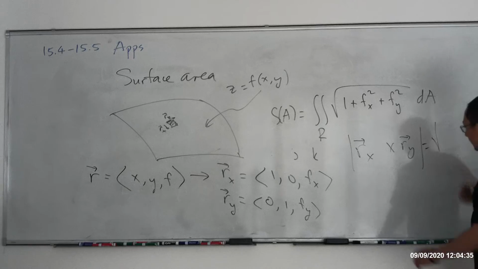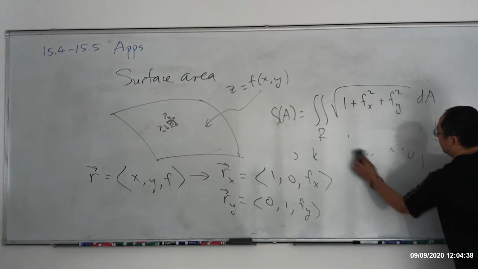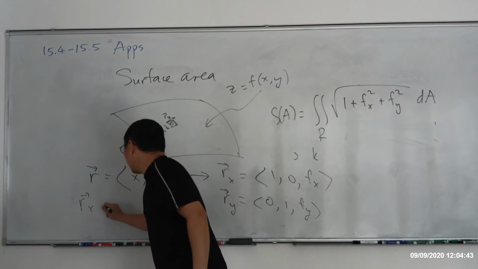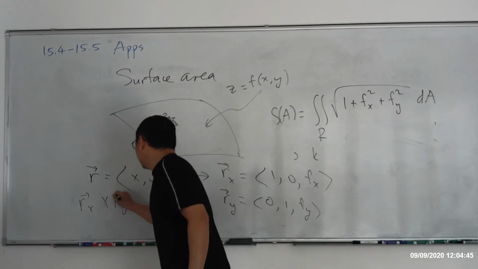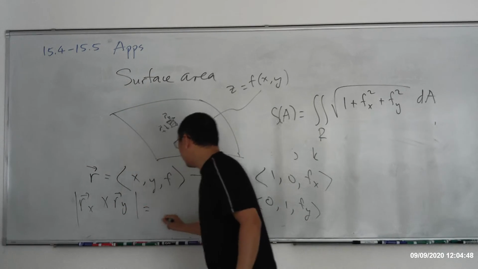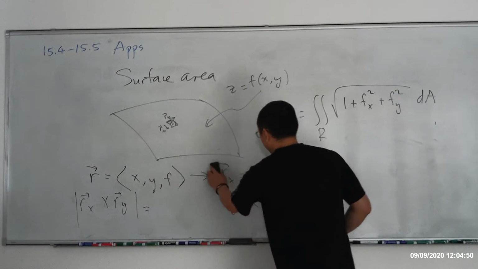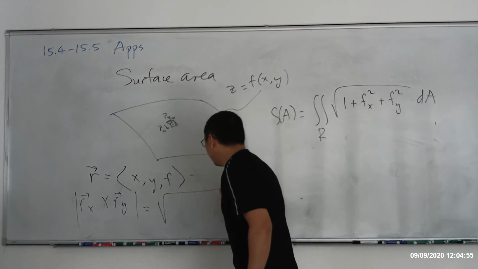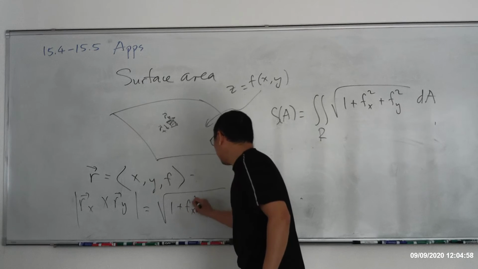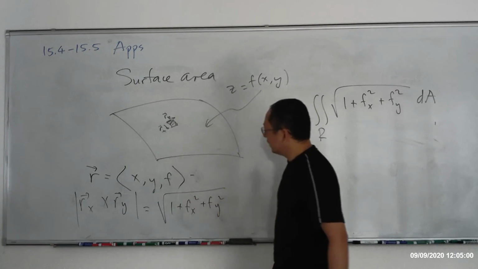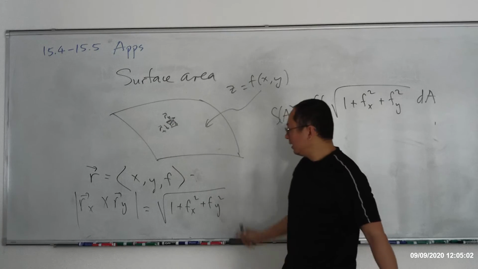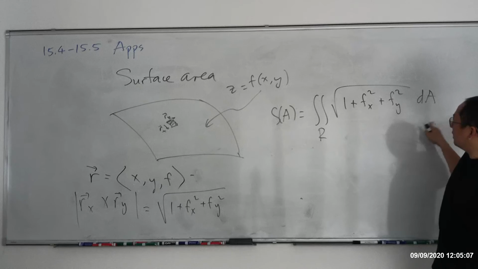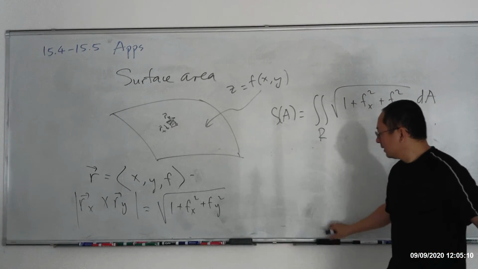Rx cross Ry, the cross product, and then we find the magnitude is going to be the square root of 1 plus fx squared plus fy squared. Okay? And this is the area of that little bit, and you add all of those, you have the formula right here: 1 plus fx squared plus fy squared. This should be dx dy.